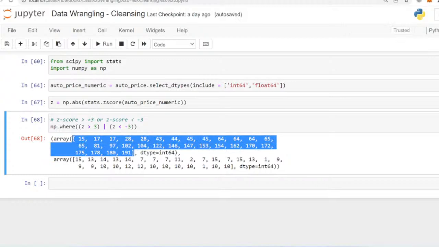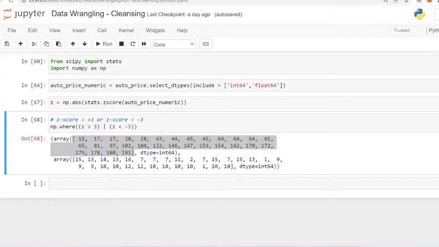Only this highlighted value, where we use np.where, returns the indexes. So the first part is your indexes part, which is returned from numpy.where, in array form.